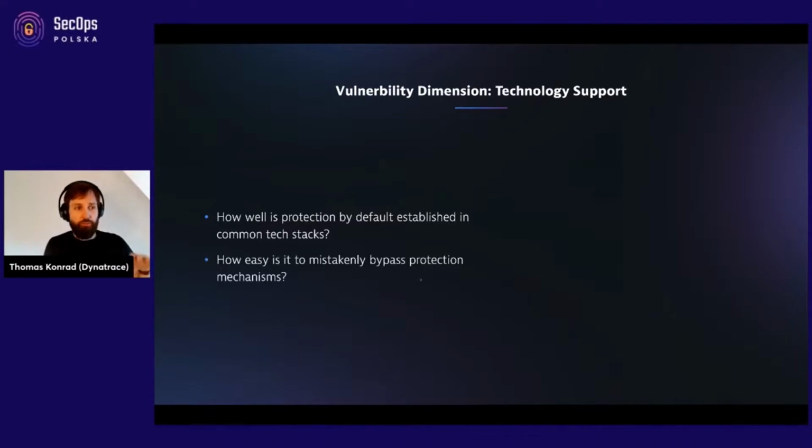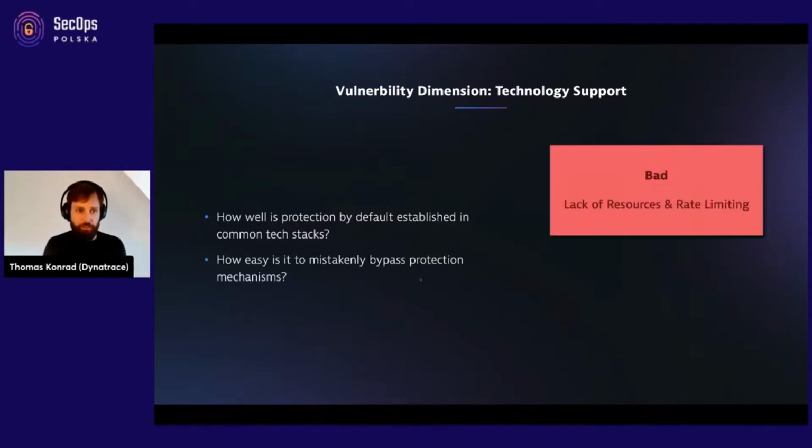So if there are any protection mechanisms, how easily are they bypassed? If we look at a specific vulnerability class called lack of resources and rate limiting. So it is advisable to have some sort of rate limiting. For example, if users log into your system, they could also do brute force or dictionary attacks, guessing passwords. So there should be a limit.